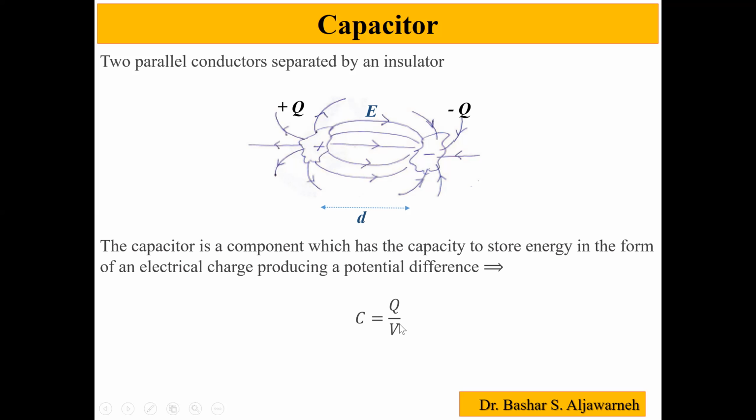And by the way, this should be a positive quantity. Now, the unit of the capacitor, you can get it from this definition, which is coulomb per volt, or we can call it 1 farad.